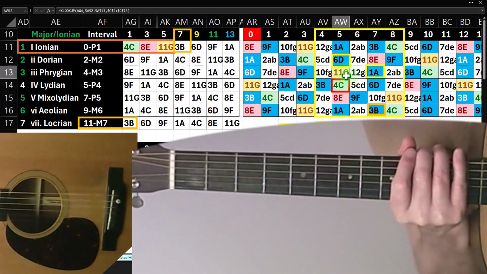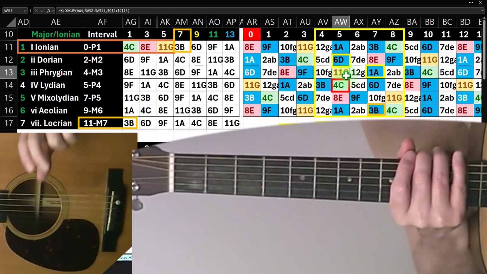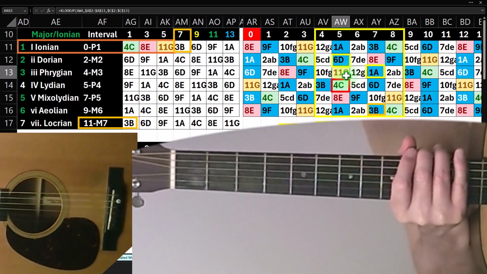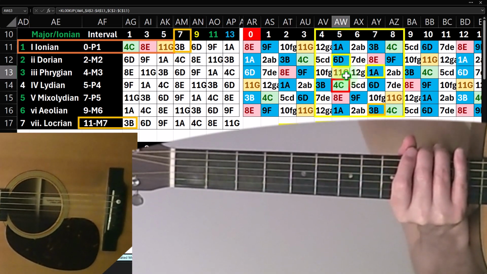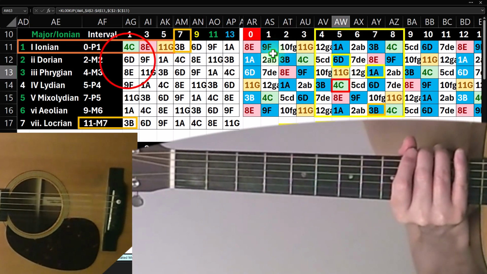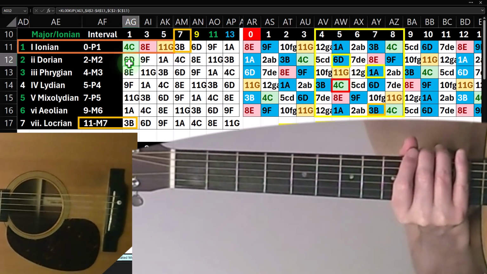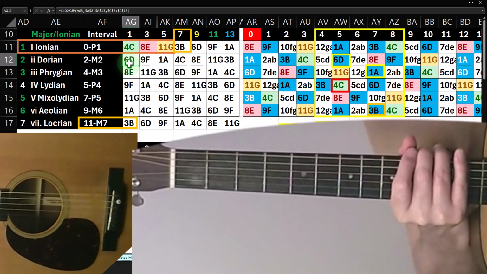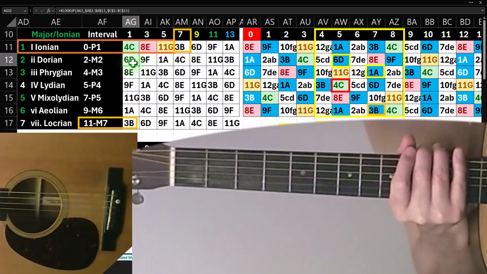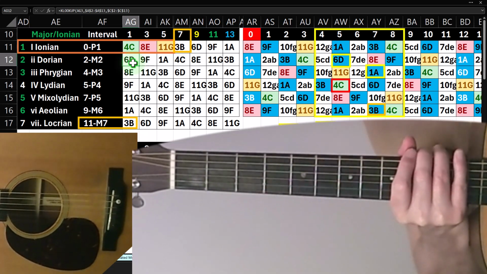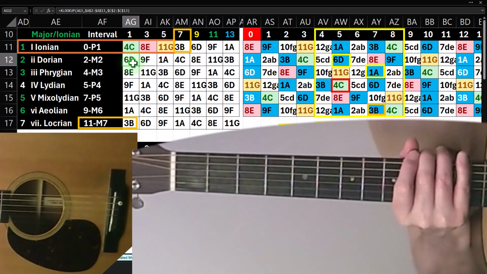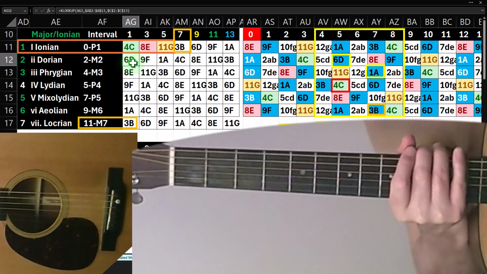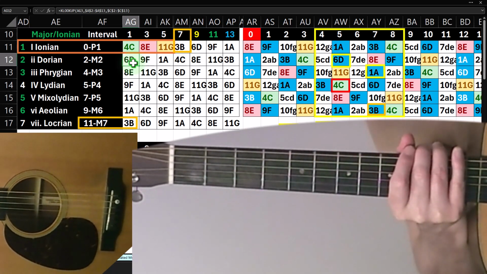Then I don't have to play in just the key of C major, because I can move the entire position up the guitar. Even if I was playing in D major and I might not know the notes that are in a D major chord, I know the shapes and the intervals, and therefore I can reconstruct it as long as I can find a D note on the guitar, right?